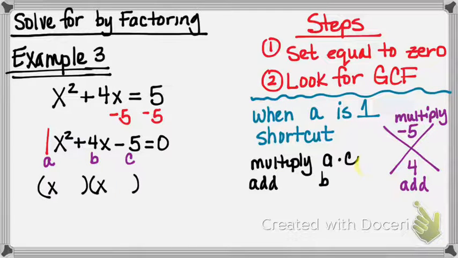All right, so take a minute. Again, this is the critical part of factoring, finding those numbers. Don't say it out loud, but you need to figure out what two numbers, and there's only two numbers that work, that multiply to be -5, and when you add them, you get 4.